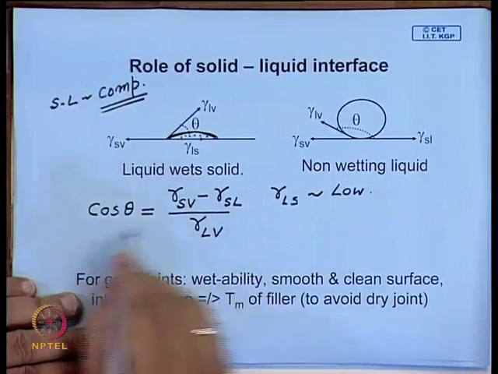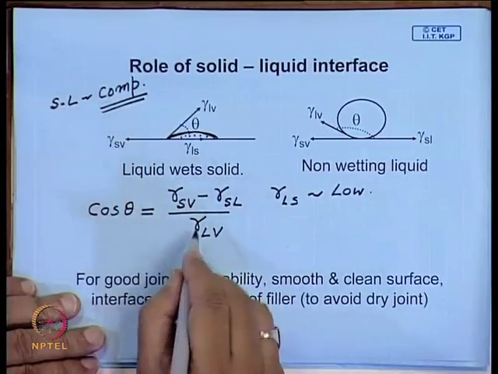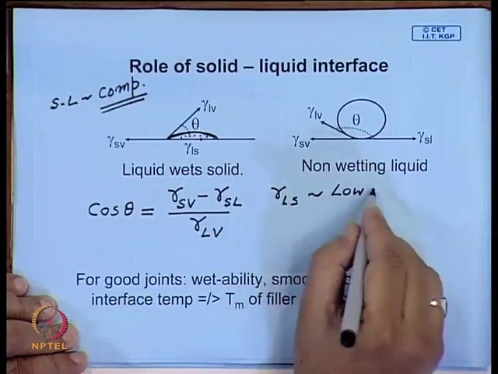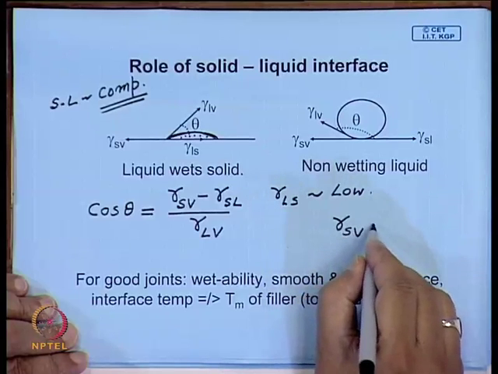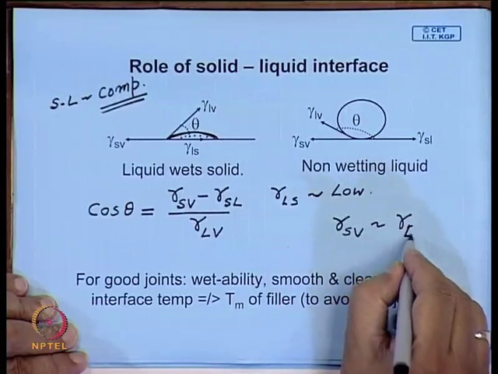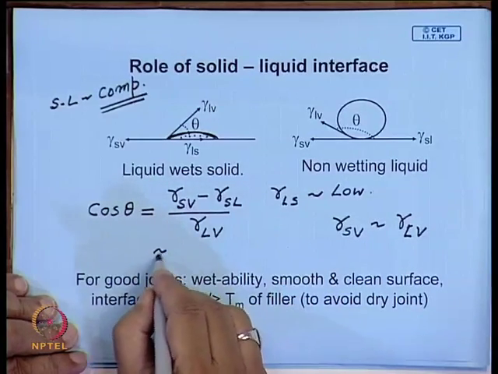Now, what we know is that the solid and liquid are nearly the same. Therefore, we expect that this is low and gamma SV is nearly equal to gamma LV. So, this is nearly equal to 1.